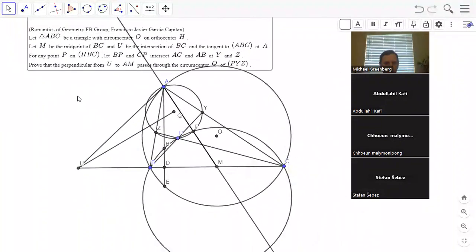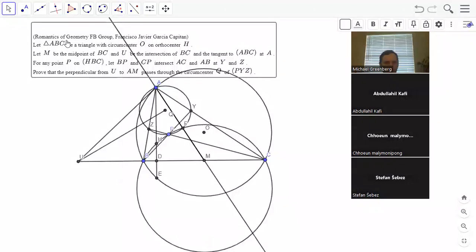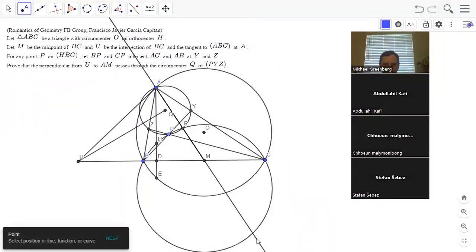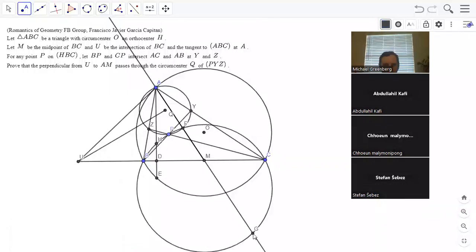Just a tiny bit. There we go. Yeah, so here ABGC is a parallelogram. Okay, that is well known.